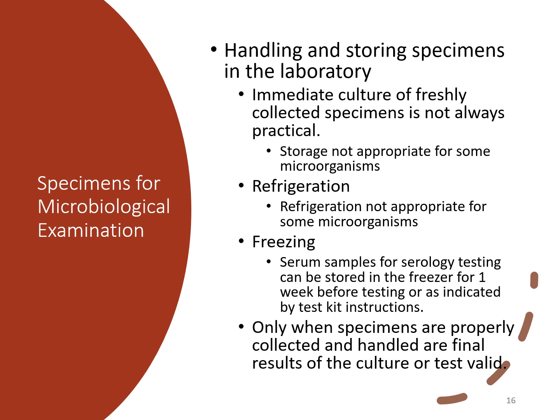So again, making sure that the specimen is handled appropriately is a key factor with micro, because sometimes immediate culturing of a fresh sample is not always feasible. So for example, with a patient collecting the stool sample at home, it may be some time before they can get that into the laboratory, so it can't be cultured right away.